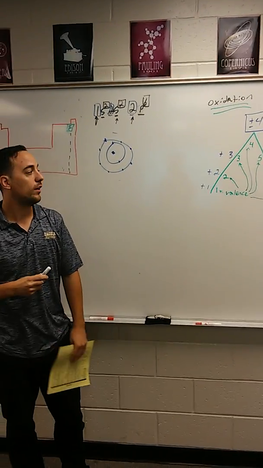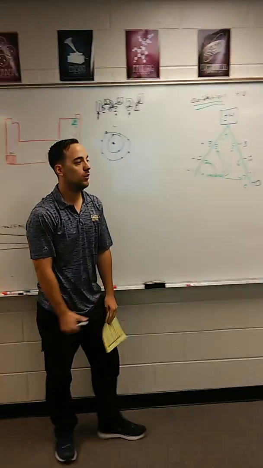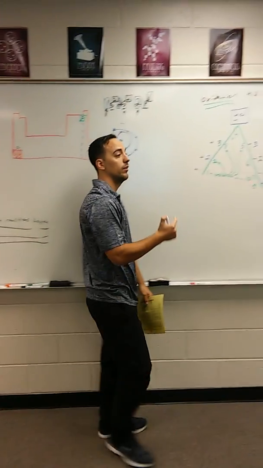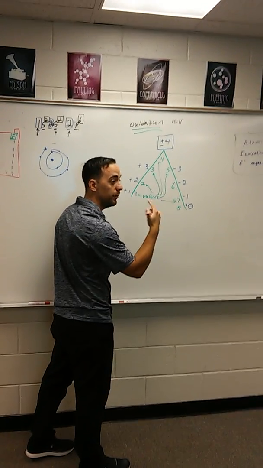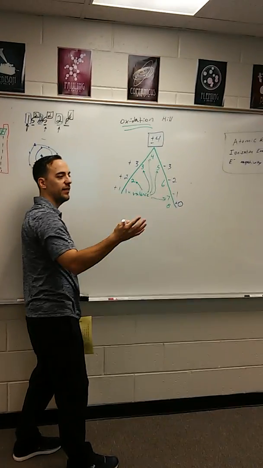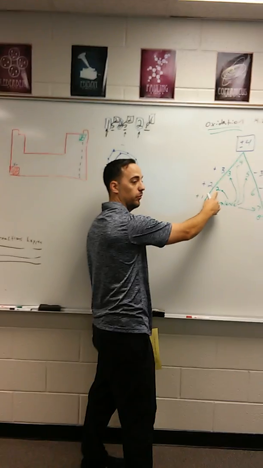So, Nasir, if I said that I have an element that has 5 valence electrons, what is its oxidation number? Go ahead, Charlie. -3. Look up here. All you do is find the number and go right next to it. So if I tell you, Nasir, that there is an element with 2 valence electrons, what's its oxidation number?